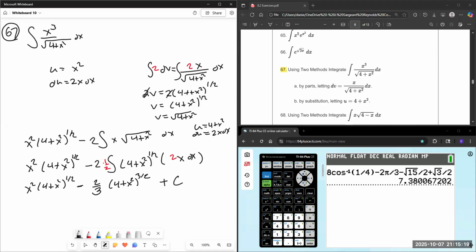And let's do a little bit of factoring here. 1/3 times 4 plus x squared to the 1/2 will come out 3x squared minus 2 times 4 plus x squared plus c.